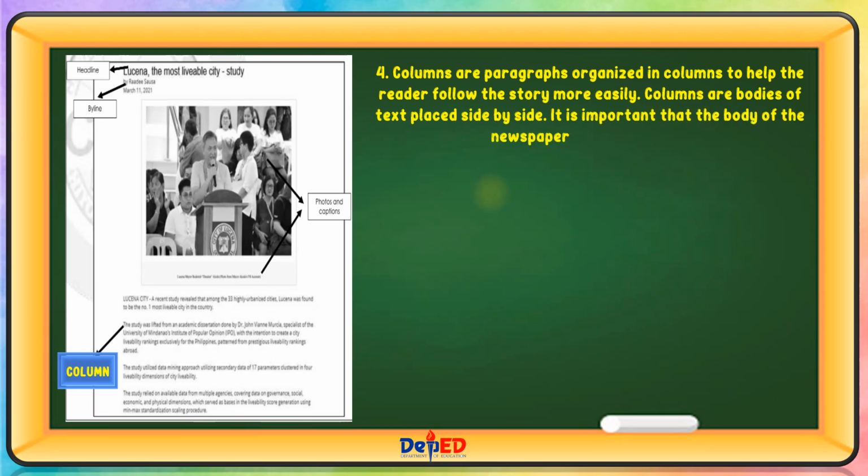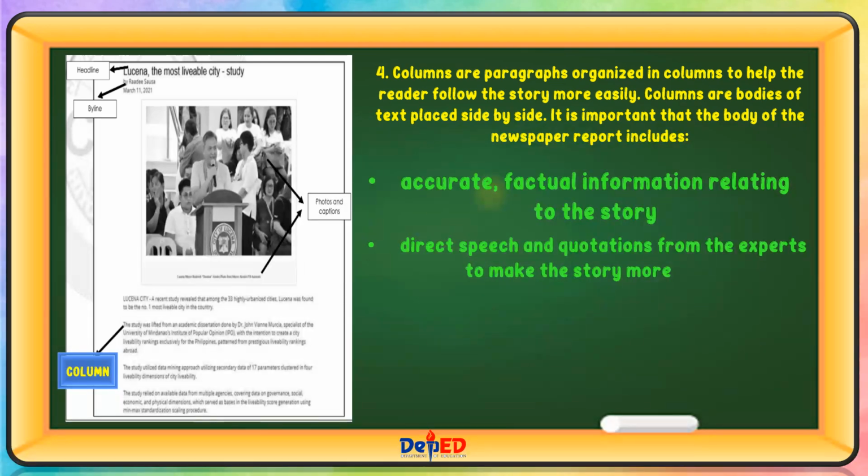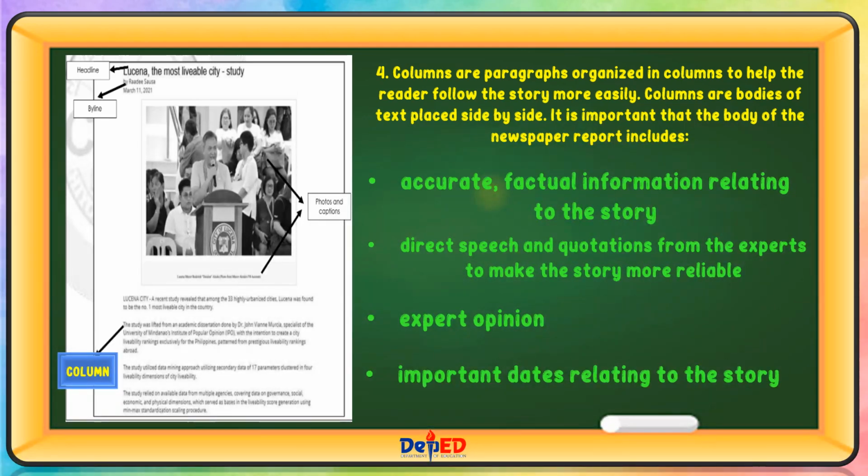It is important that the body of the newspaper report includes accurate, factual information relating to the story, direct speech and quotations from the experts to make the story more reliable. Expert opinion. Important dates relating to the story.